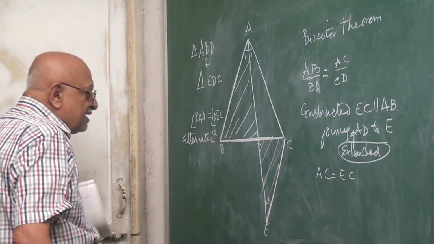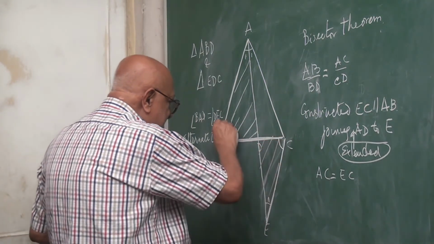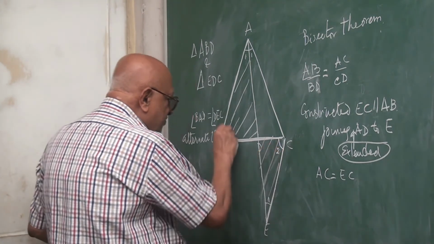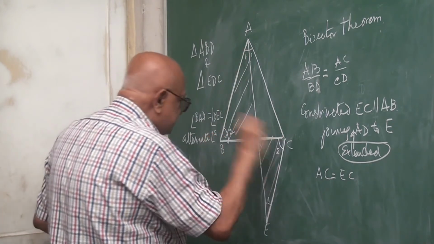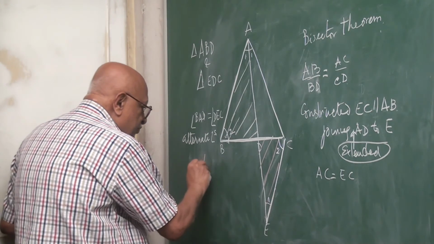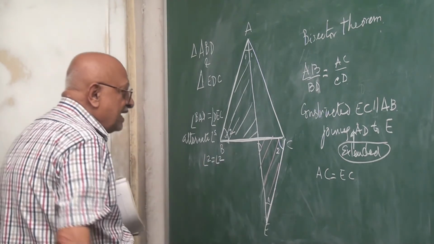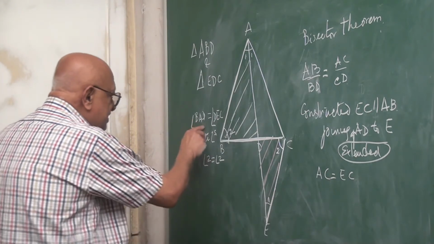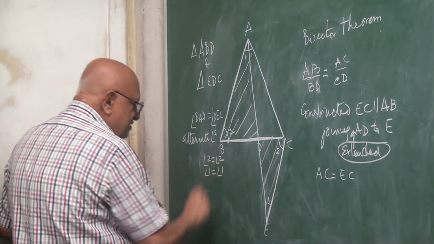There is another alternate angle coming up, that is this angle and this angle. So let me call this one angle 2 and this one angle 2. Why? This is parallel, this is parallel, this is transversal. So I can say that angle 2 is equal to angle 2, right? Angle 1 I have already proven. This one I will mark also, angle 1 is equal to angle 1.